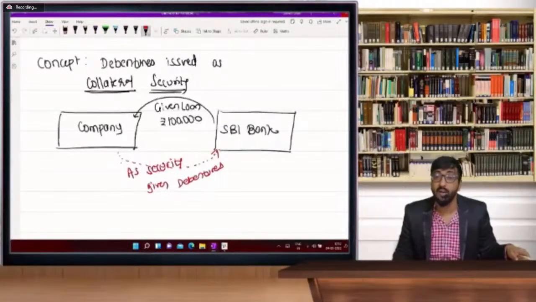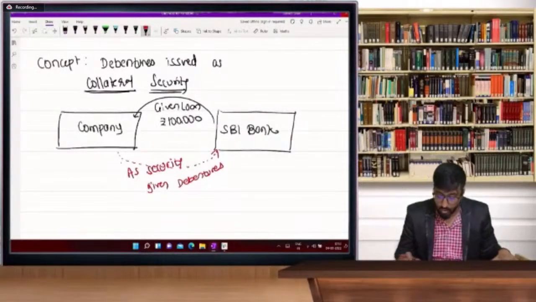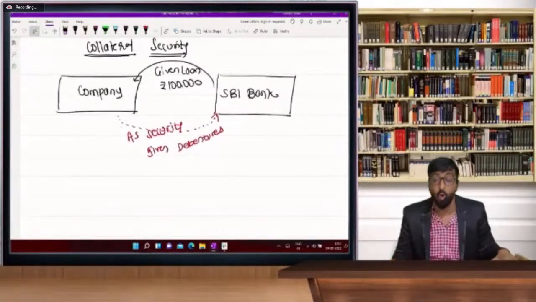If we have not paid the loan, in that case that lender may take possession or ownership of your home. Okay, so that is like girvi rakhna. So beta, given a loan of rupees 1 lakh and given a security as debentures.